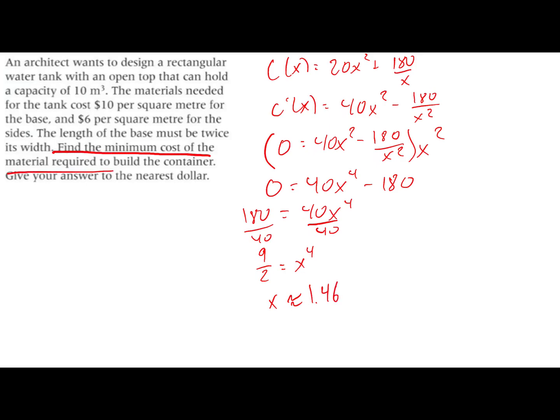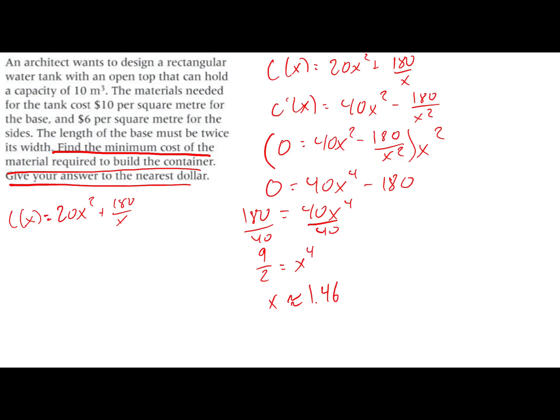1.46. Alright, now we're told to find the minimum cost of the materials. So if our cost function is 20x squared plus 180 over x, and x should be 1.46, we can just type that whole thing into a calculator.